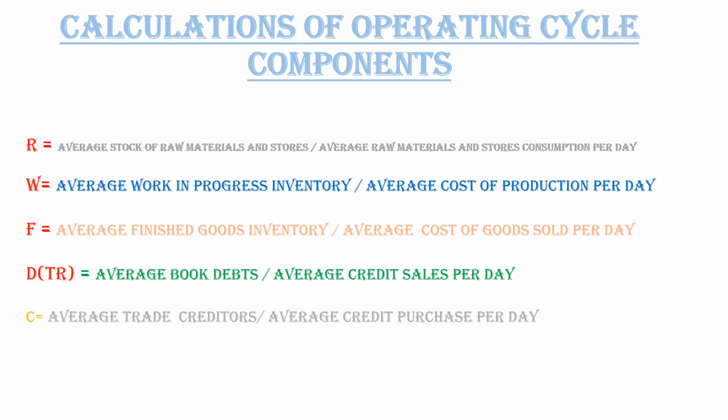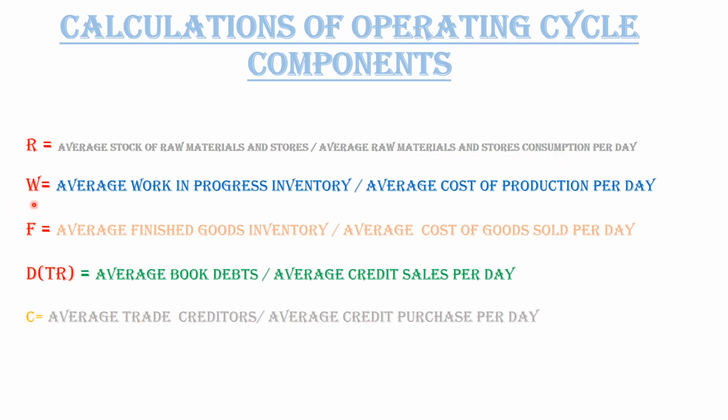Let us see the calculation of each component of operating cycle. First one, R stands for raw material and storage period. That is calculated like this: average stock of raw materials and stores divided by average raw materials and stores consumption per day.